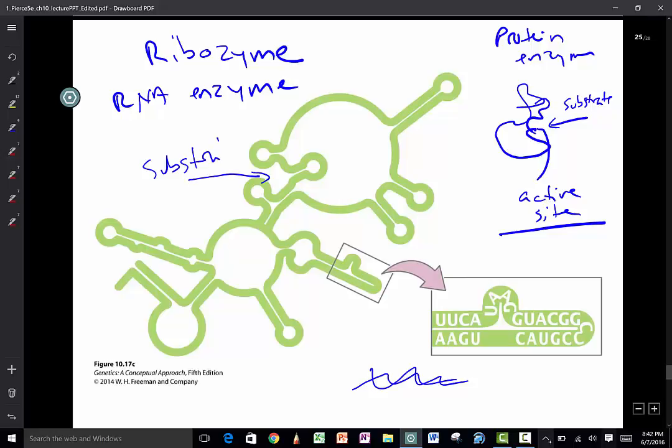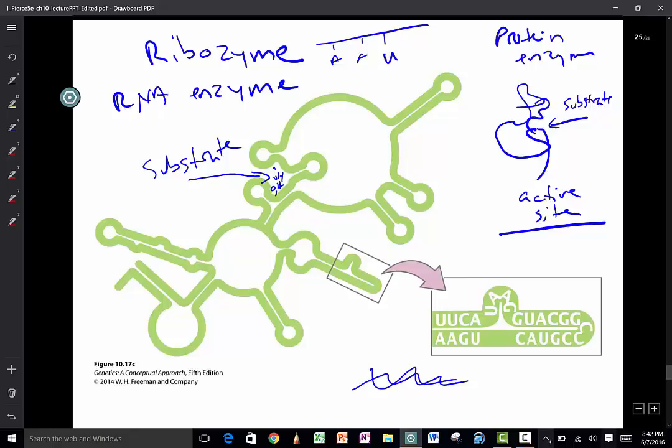So, because RNAs can form these complex structures, they can catalyze chemical reactions. Another thing that helps them catalyze chemical reactions is that they also have those available OHs sticking off. So, in RNA, it's single stranded, and you've got your bases sticking off there.